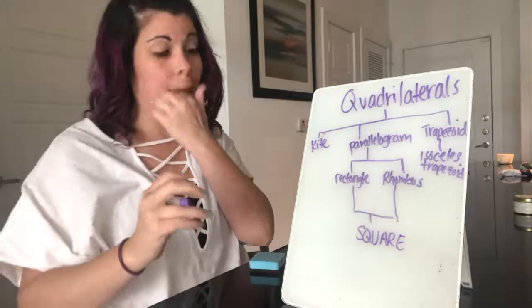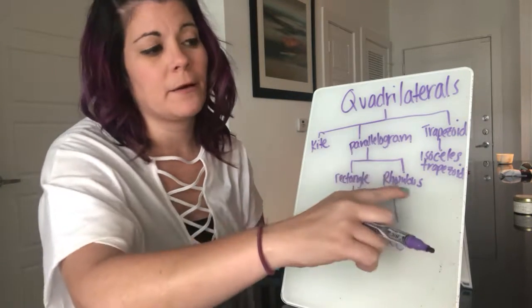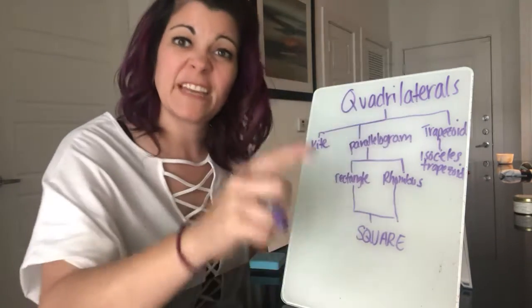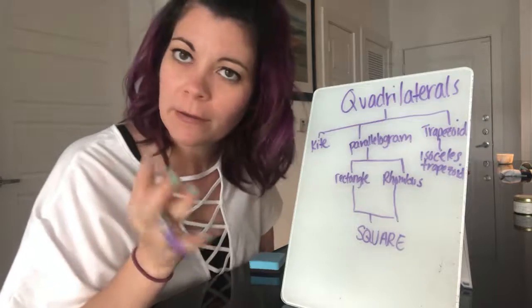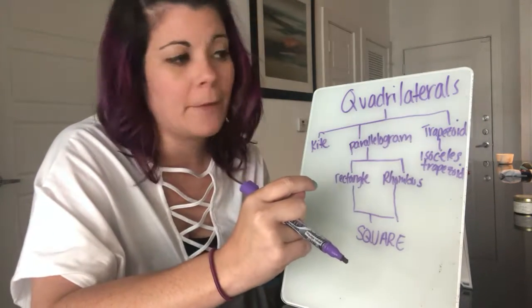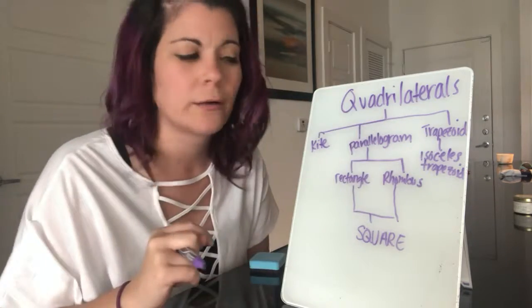Then within a rectangle and a rhombus, we have what we call the square. What's really funny is that a square can be called a rectangle, a rhombus, a parallelogram, a quadrilateral. But the most specific name for it is a square. So that's why we call it a square. But you could call it all of these others as well. A rectangle has three names: it can be called a parallelogram, it can be called a quadrilateral.